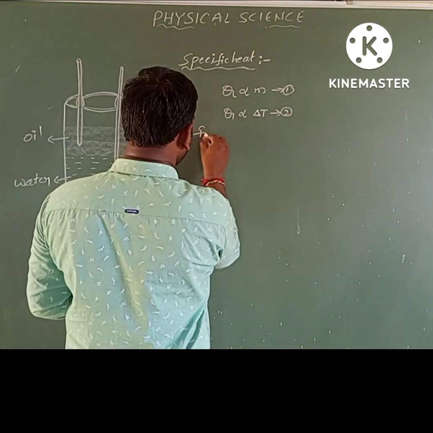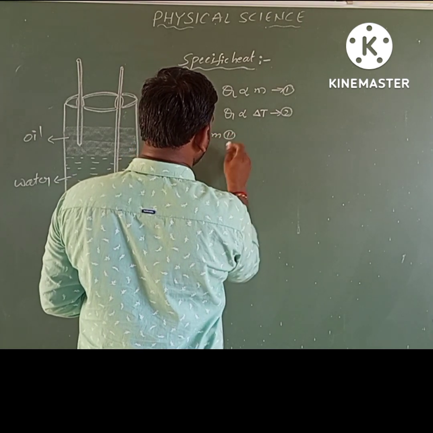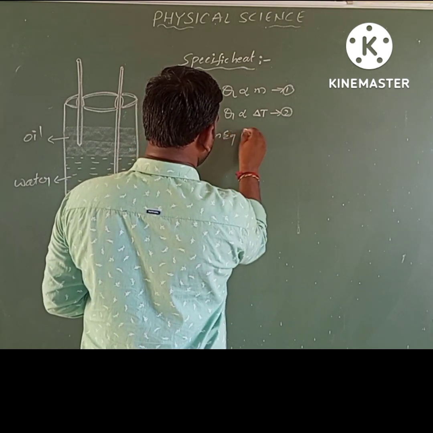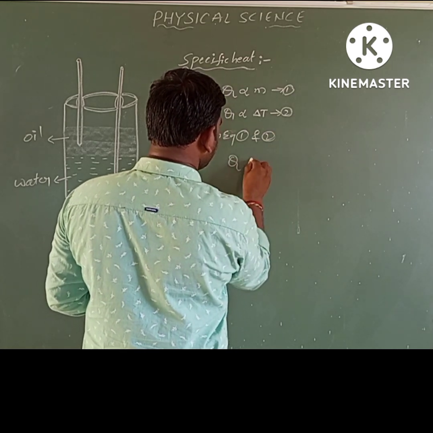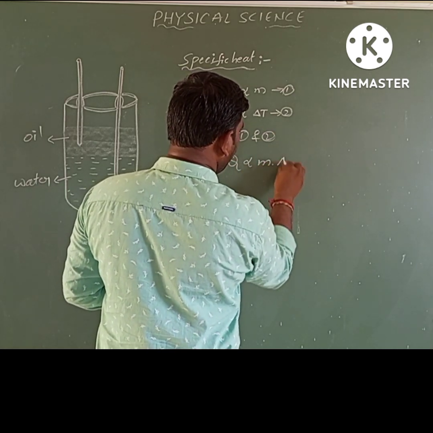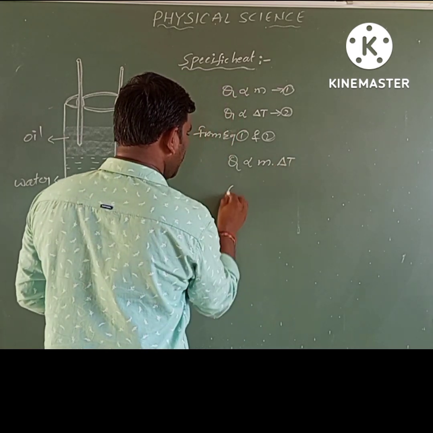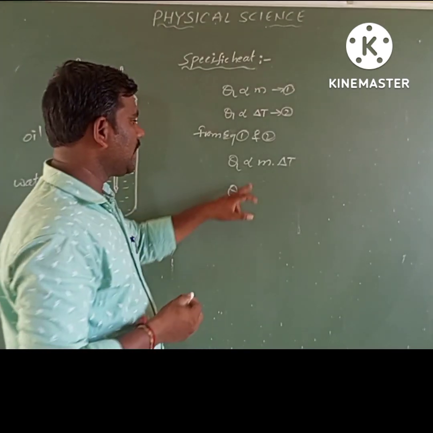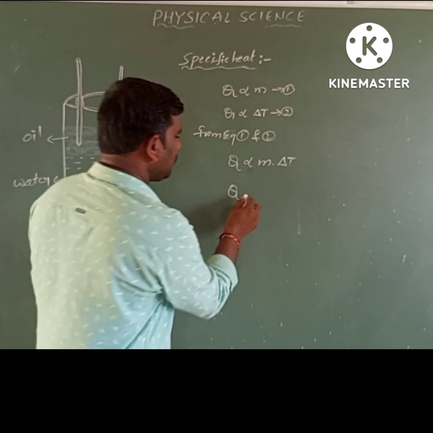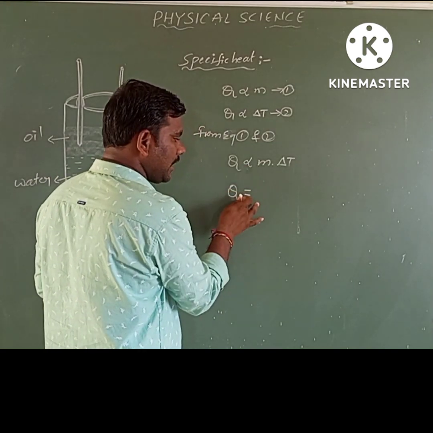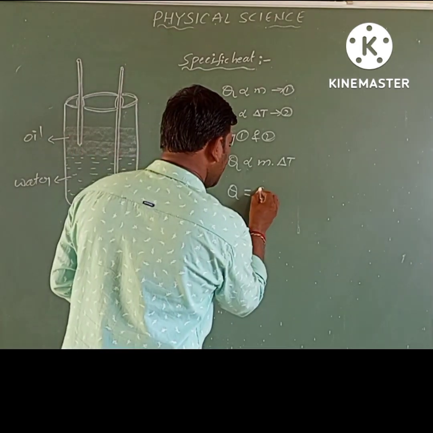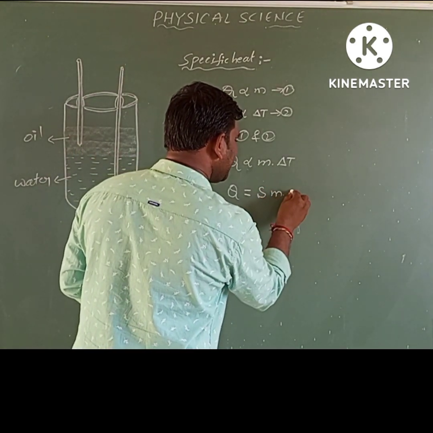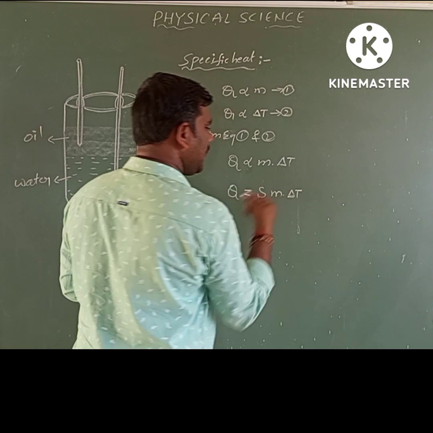So from equation number 1 and 2, we can write Q is proportional to M into delta T. Removing the proportionality, we take it to be equal to some constant, and that constant is S. Here S means specific heat.